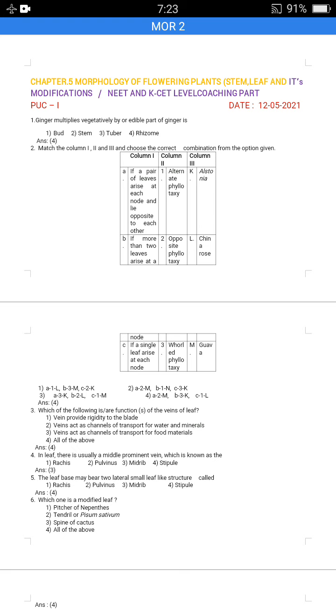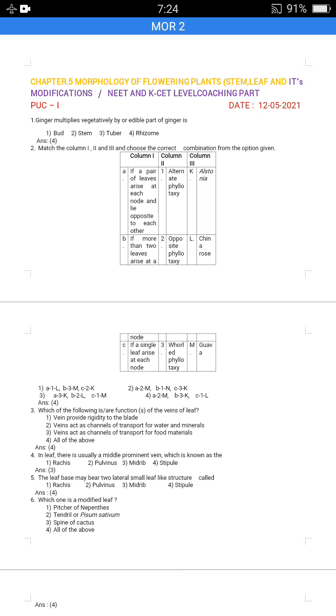It is prominent to see and thick in nature. I repeat, the reason is the presence of a number of vascular bundles in the middle. So the prominent structure is called the midrib or main rib. Hope you understood the explanation for this question.